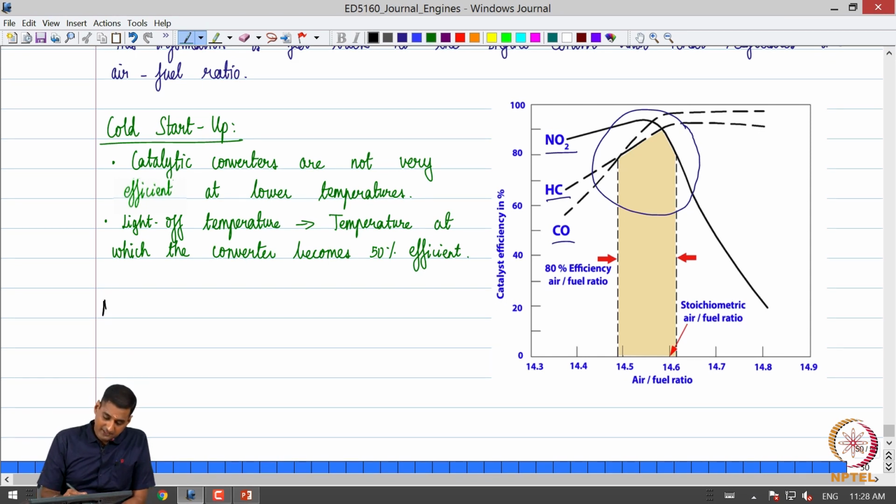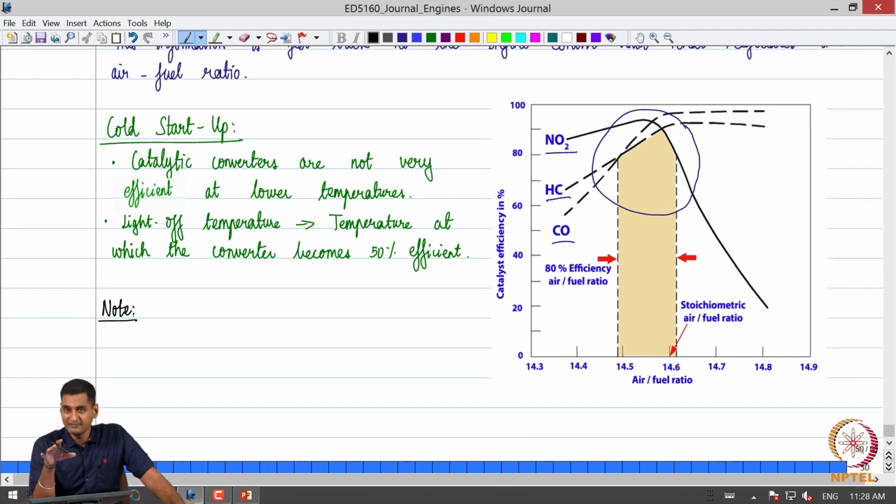Another important fact that we need to keep in mind when using a catalytic converter is lead. Although now we use unleaded gasoline, in the previous lecture we looked at the pitfalls of using lead and why it was stopped. Suppose by accident even a small fraction of lead is present, that can damage the catalytic converter. That is why today it is very important to use unleaded gasoline along with catalytic converters.